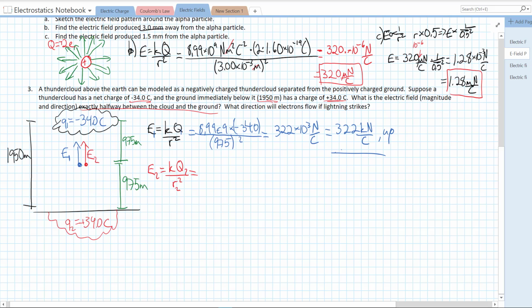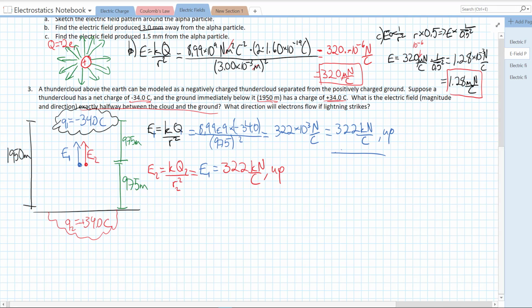So all of the numbers are going to be the same, except maybe the sign. From the symmetry of this situation, E2 has to be equal in magnitude to E1. So instead of solving it, we're just going to use symmetry. E2 equals E1, which is 322 kilonewtons per coulomb, and the direction's the same too, up.